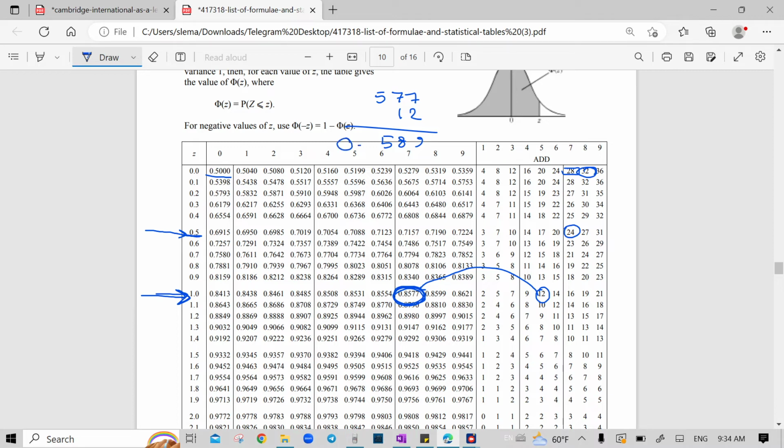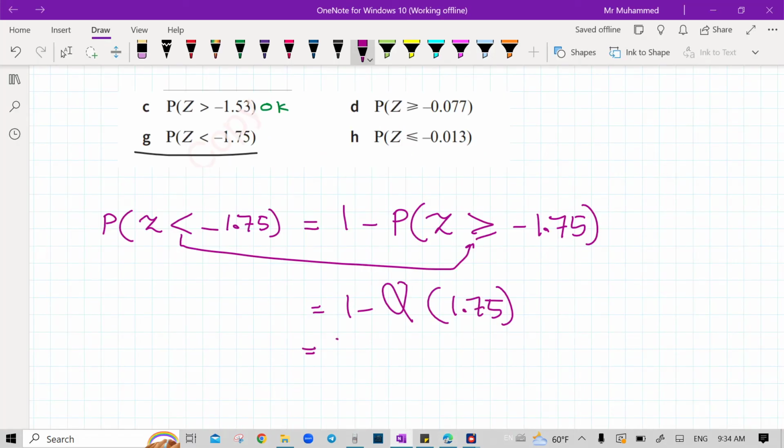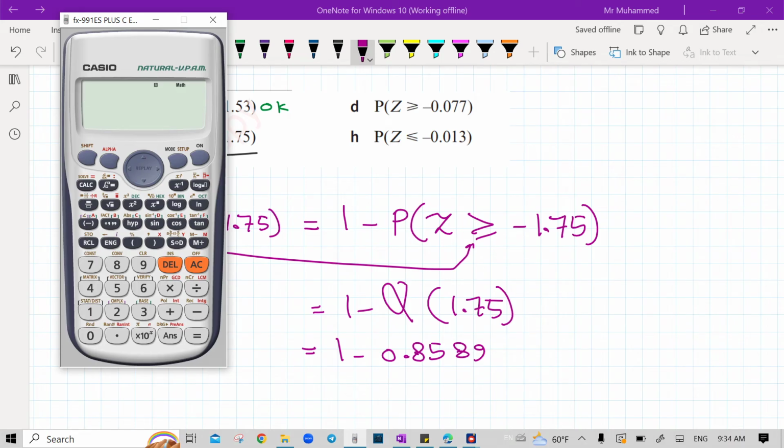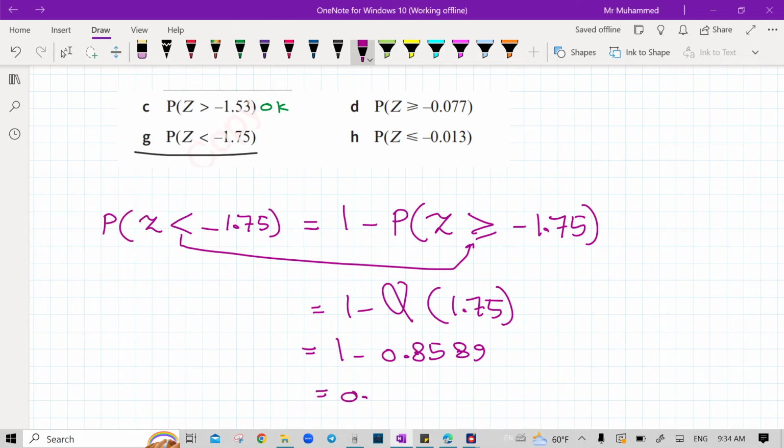The answer is 0.8589. So 1 minus 0.8589. Then we do the subtraction. 1 minus 0.8589, the answer is 0.1411. This is the probability of Z being less than negative 1.75.